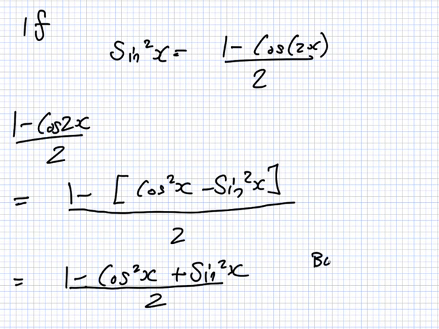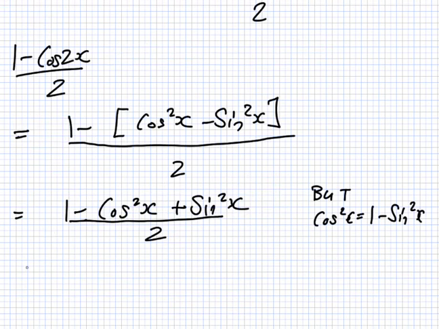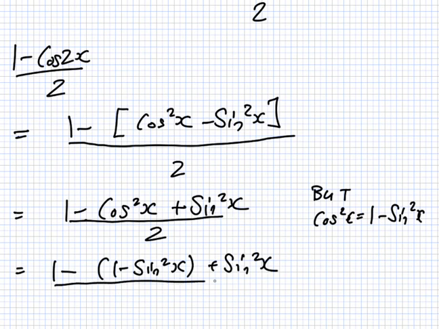But cos squared x equals 1 minus sine squared x. So if I put that result in, I get 1 minus 1 minus sine squared x plus sine squared x all over 2.